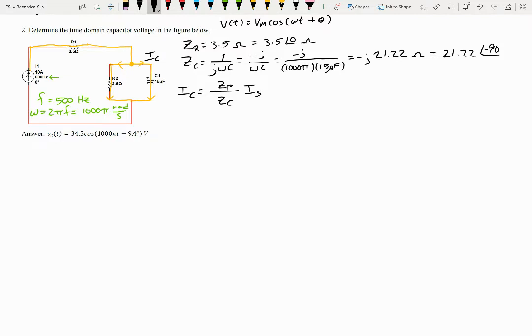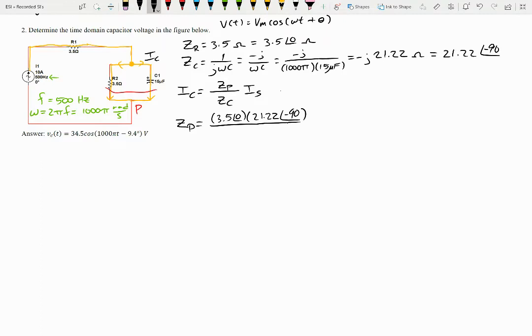But first things first, we have to go find ZP. So to do that, let's do Z parallel, which is this combination here. That is going to be 3.5 at angle 0, multiplied by 21.22 at angle negative 90, and then we need to add the two.